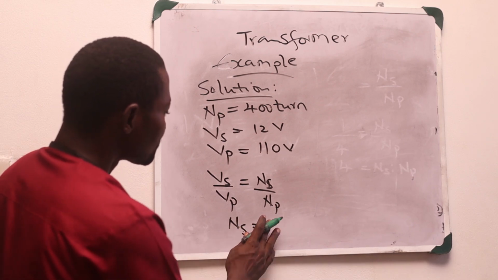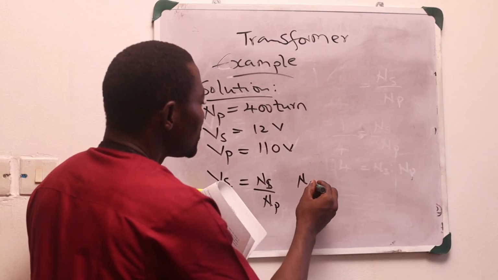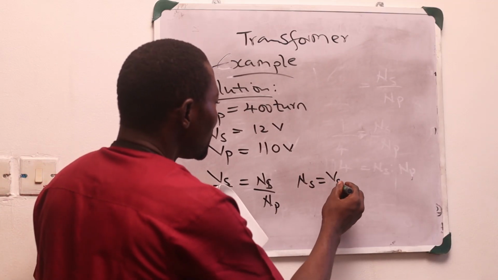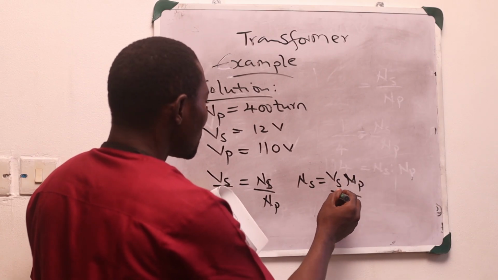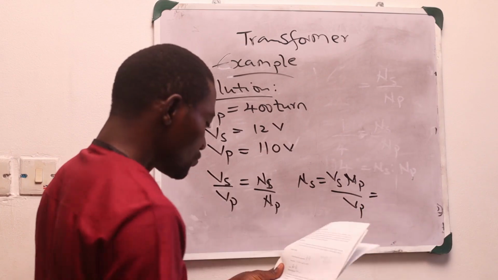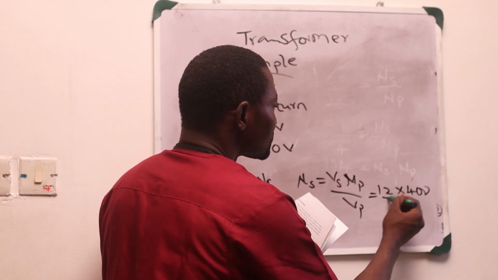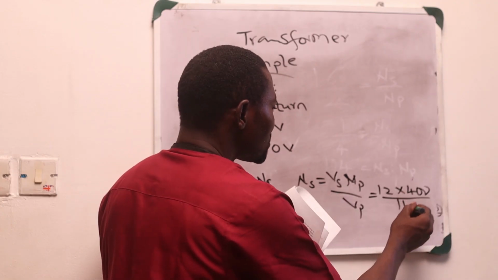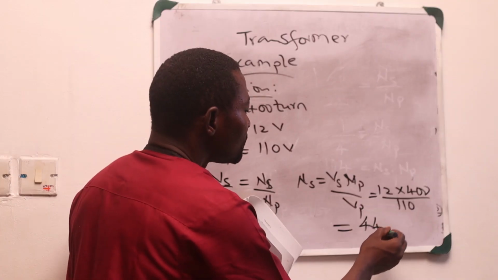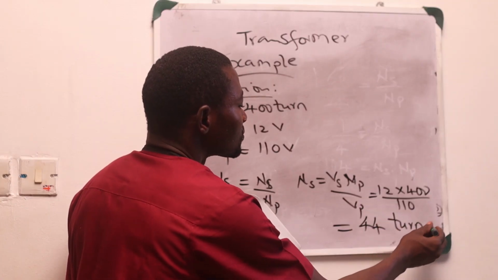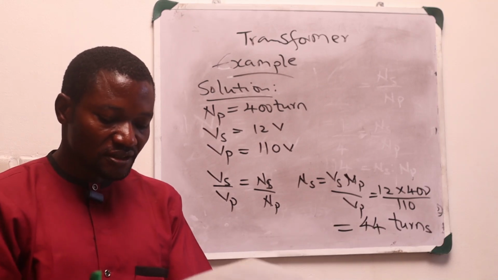So Ns will be equal to Vs times Np over Vp. If we substitute, 12 times 400 over 110, if we simplify, we have 44 turns. So this is the number of turns in the secondary of the transformer.